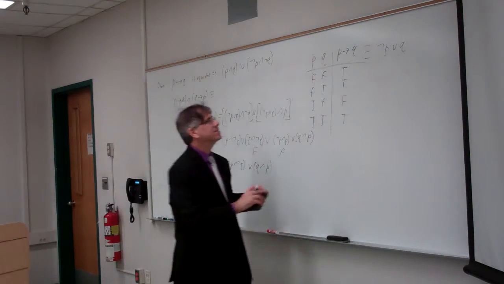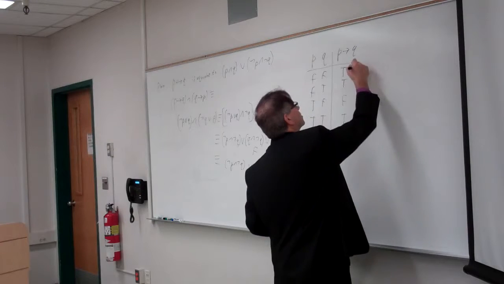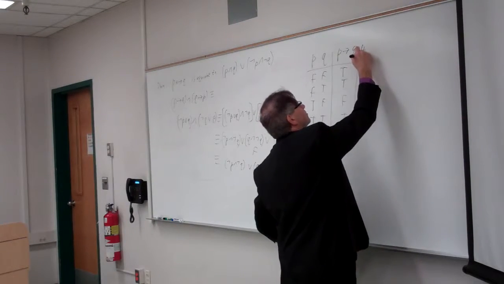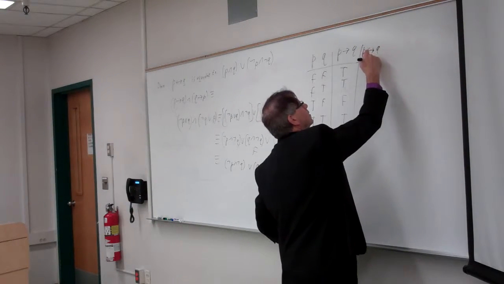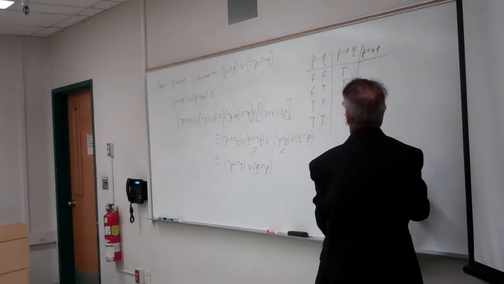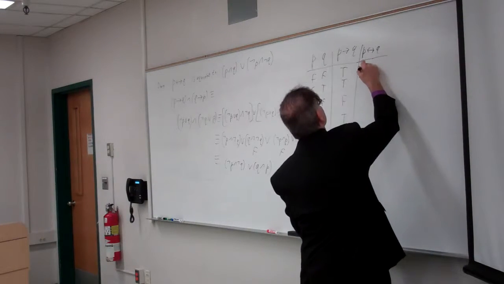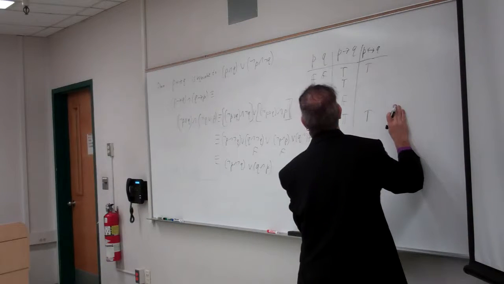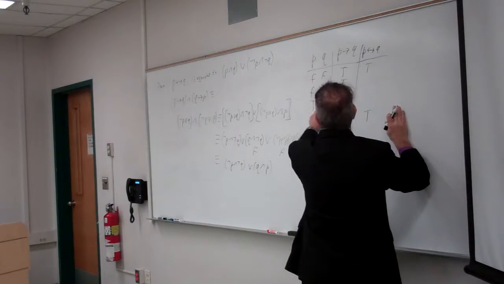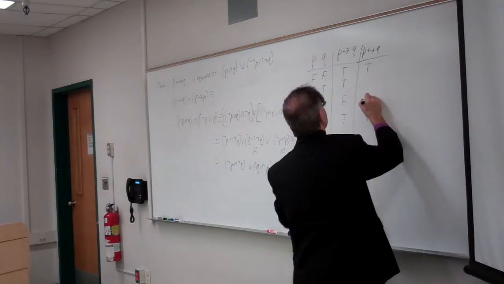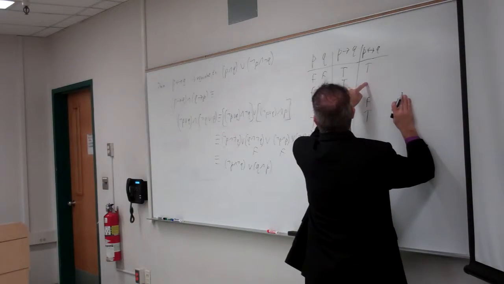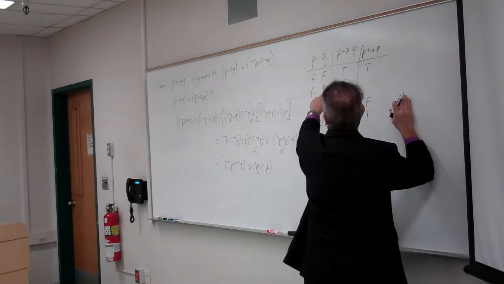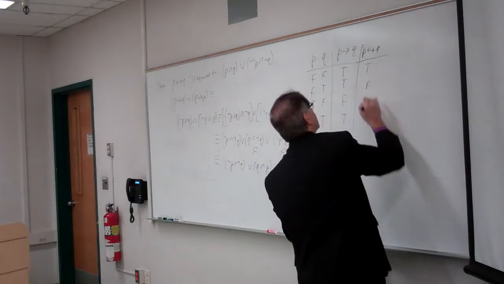The other way that Sage was just alluding to is we could actually write a truth table for if P then Q and if Q then P. And this will clearly be true, this will clearly be true, but this will be false because we know P then Q is false. And this will be false because Q then P will be false because Q is true and this is false.